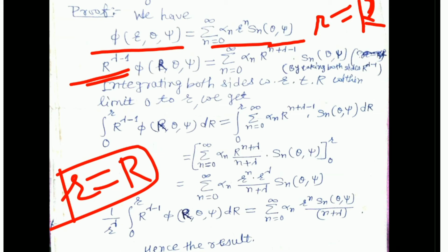What do we get? We get R^(λ-1) φ(R, θ, ψ) is equal to Σ (n=0 to ∞) αn R^(n+λ-1) Sn(θ, ψ). Now integrate both the sides.